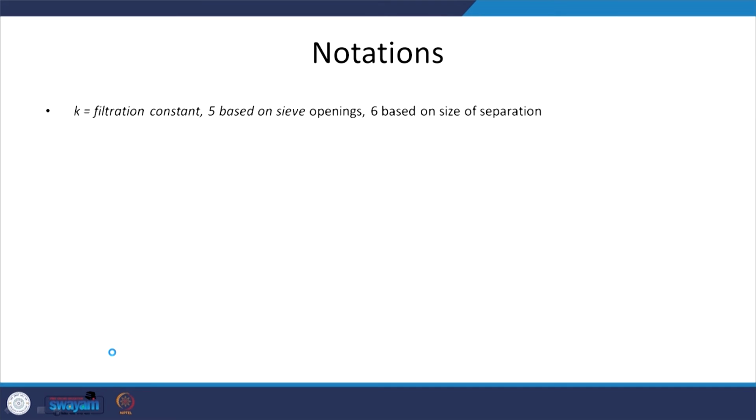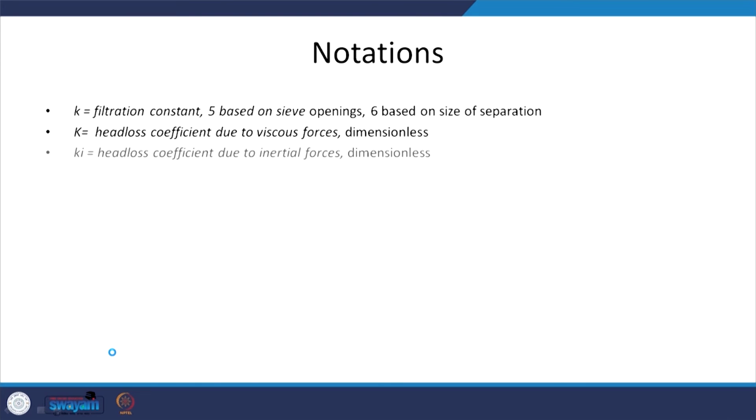So, what else do we have? K is the filtration constant, capital K is the head loss coefficient due to viscous forces, and the other is the head loss coefficient due to inertial forces. This is something to keep in mind. One is predominant during laminar flow, and one is predominant during the transition flow, when the Reynolds number is between 1 and 100.